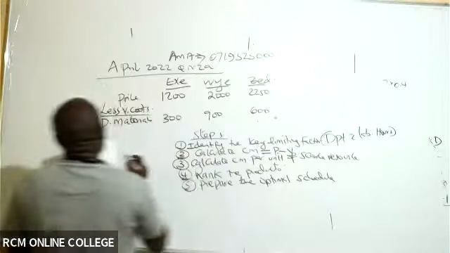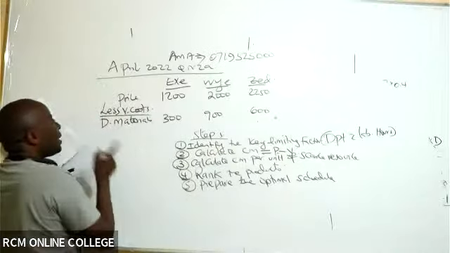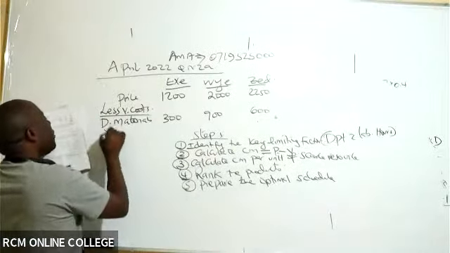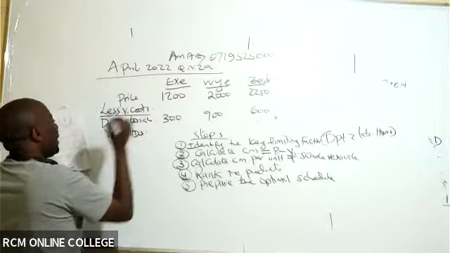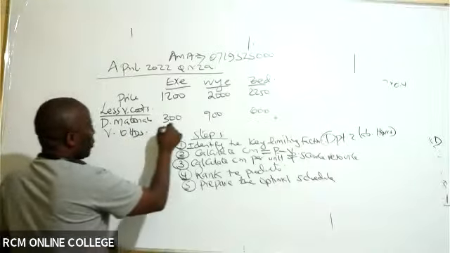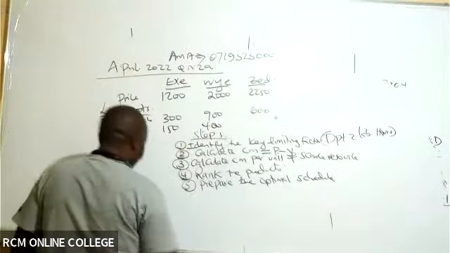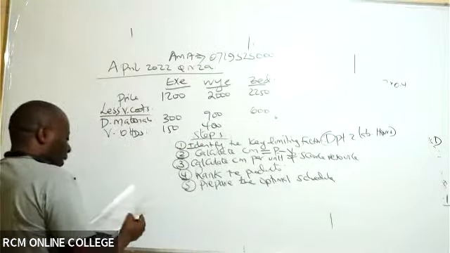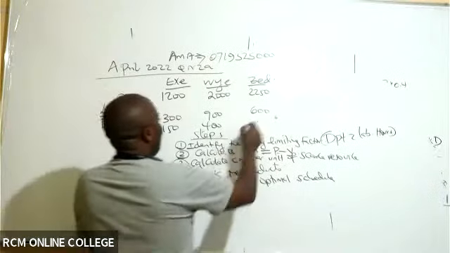All variable expenditure must be subtracted when I'm getting contribution margin. I can see we have variable overheads: 150, 400, and then 450.